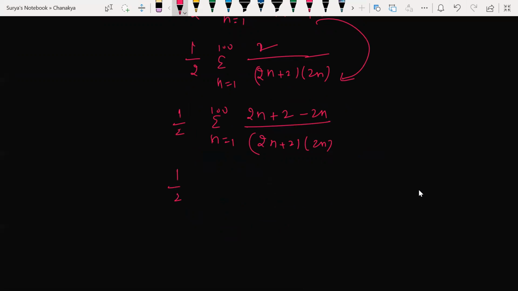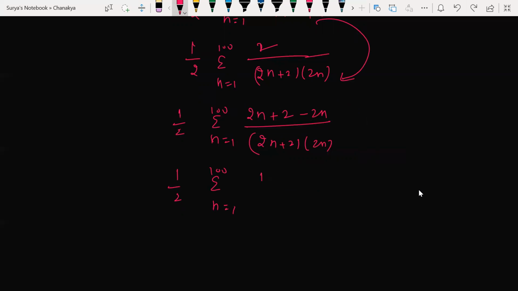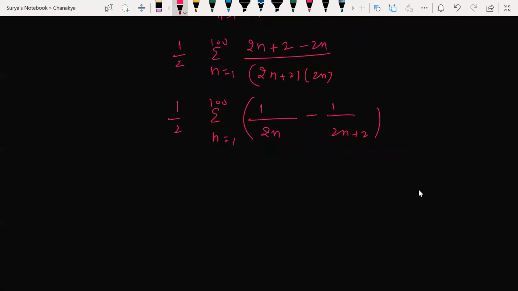Look, 1 by 2 summation of n is equal to 1 to 100. So this by this by this. Splitting the term, what are you going to get now? 1 by 2n minus 1 by 2n plus 2. Now apply the formula. That's it. 1 by 2, 1 by 2n, right? So 1 by 2 minus 1 by 4, and plus 1 by 4 minus 1 by 6.